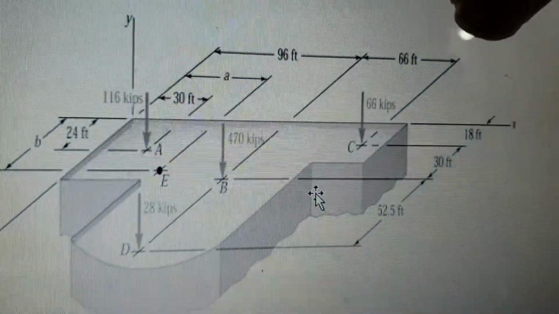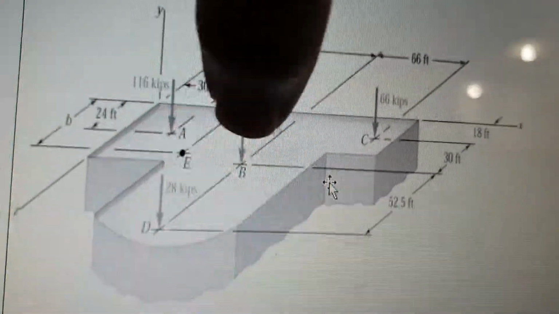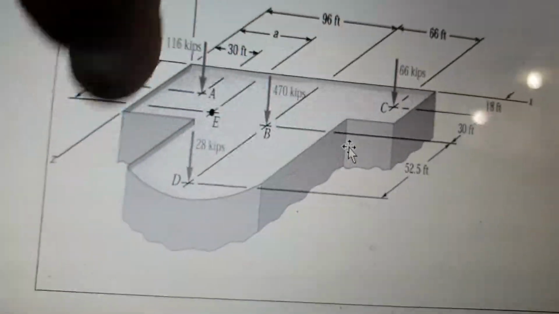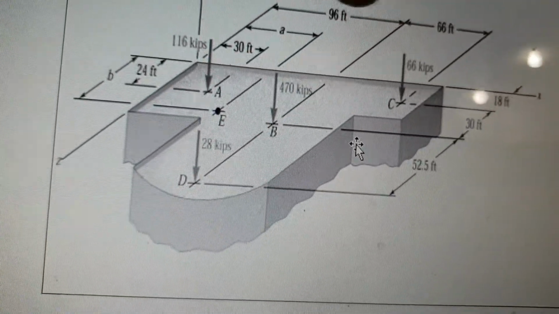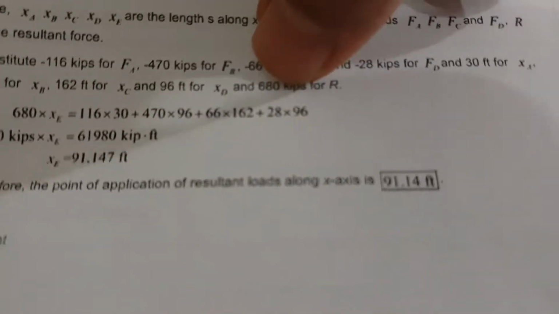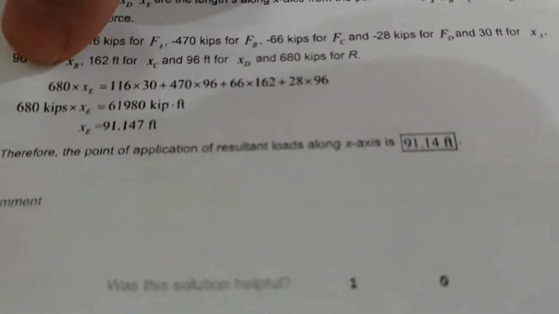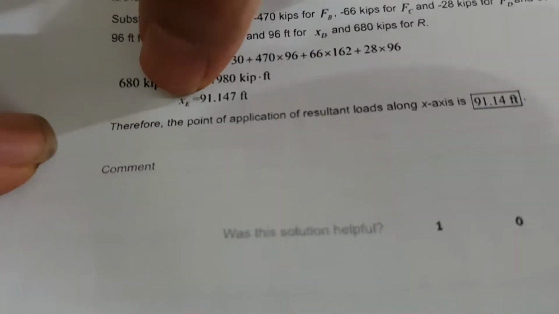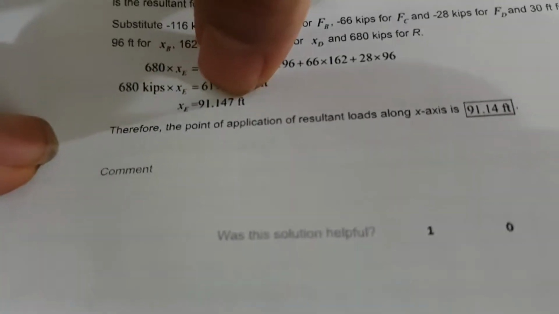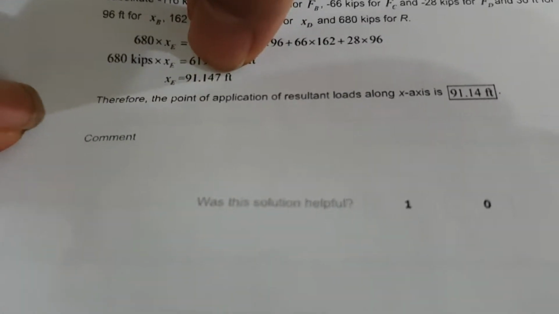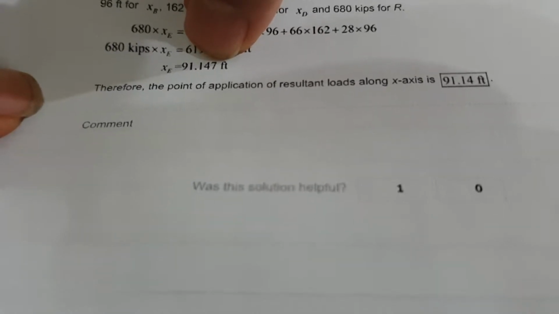The last one, 28. Where is 28? 28 is that way. You have to go in the x-axis toward the z-axis. You can see it like this. This is 96 feet. So 96 feet. You rearrange the equation and find the x. X would be equal to 91.147. This is the point of application of the resultant loads along the x-axis.